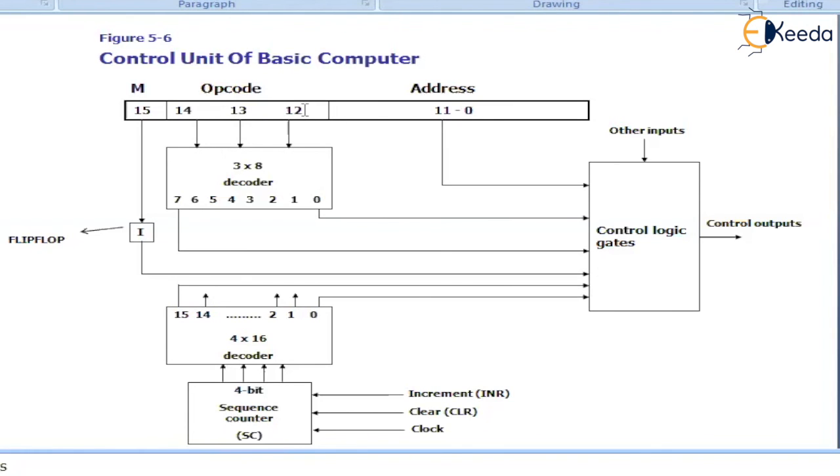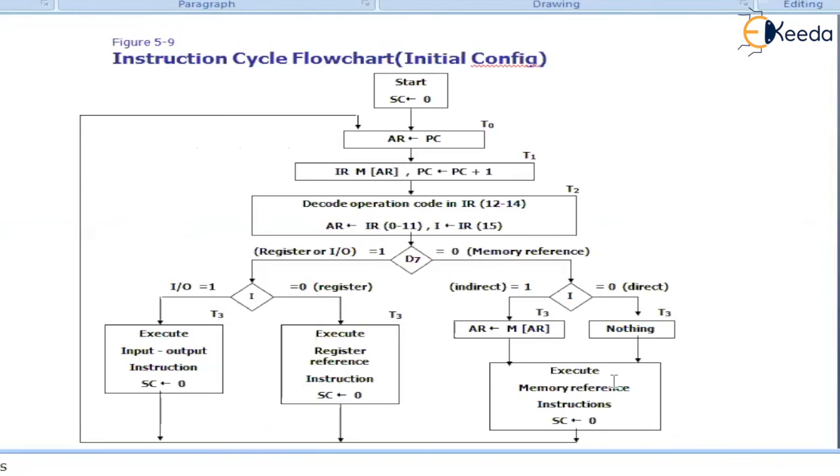In such a case, we need to execute a memory reference instruction. T3 is reserved for calculating the effective address in an indirect addressing mode. If it is a direct addressing mode, in T3 we are not going to perform any operation. Finally, in T4, a memory reference instruction is going to get executed.